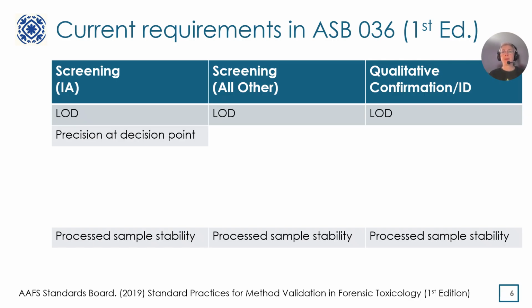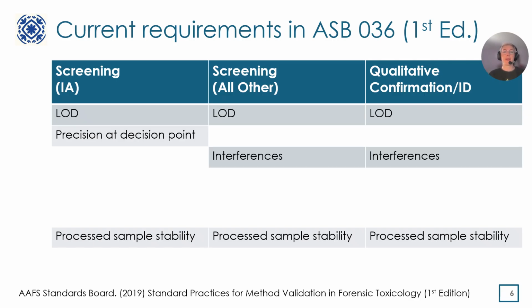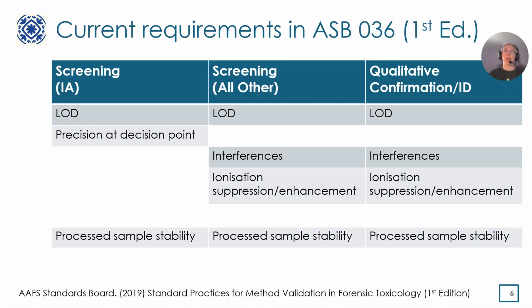When screening with other methods, you need to evaluate interferences from the matrix, from other analytes, and ionization suppression enhancement for LCMS methods only, of course. And to validate qualitative methods, you should, on top of all that, look at carryover. So you might wonder why the differences between the three types of methods, and really, I have no idea.